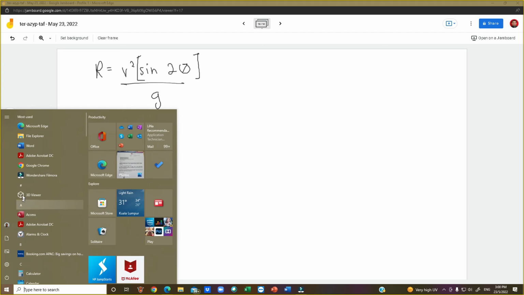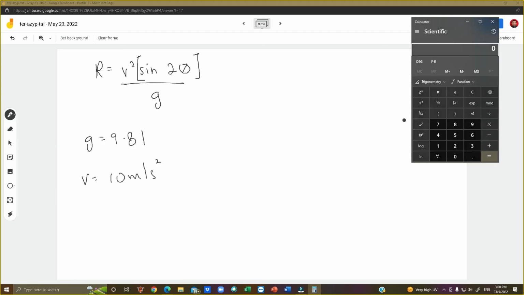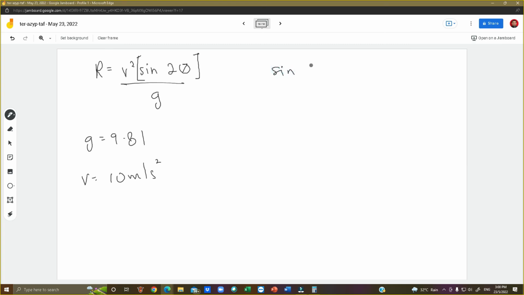Alright. So in trigonometry, especially in sin kan, value yang saya cuba dapatkan, saya nak sin, figure saya tak tahu, the largest value is 1. Largest value sin tu 1 saya nak.